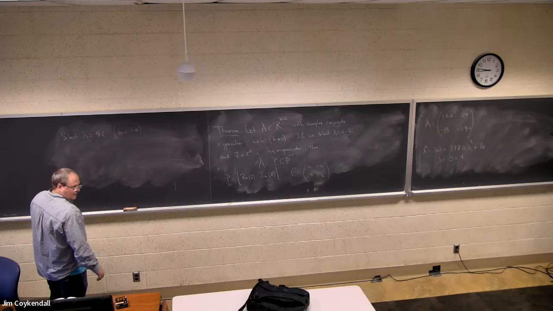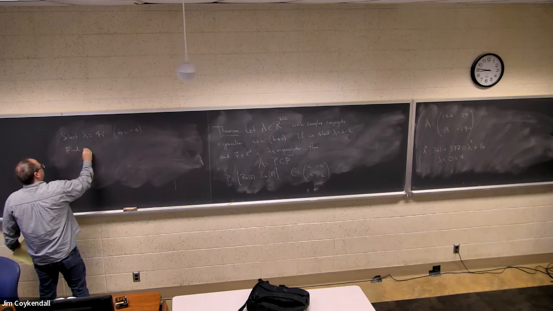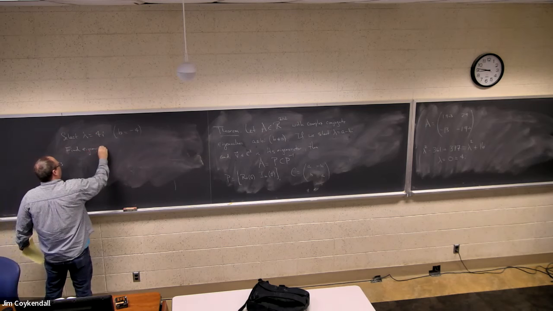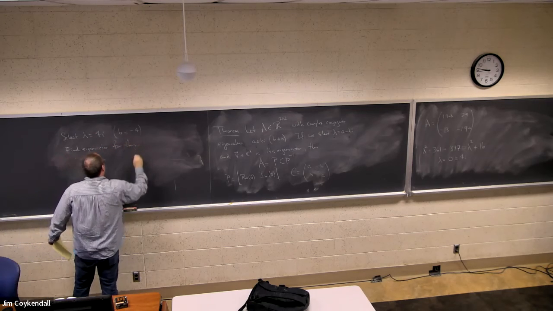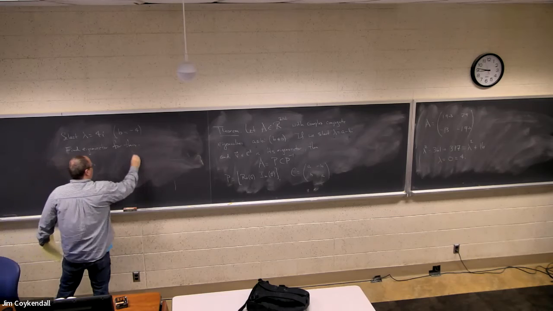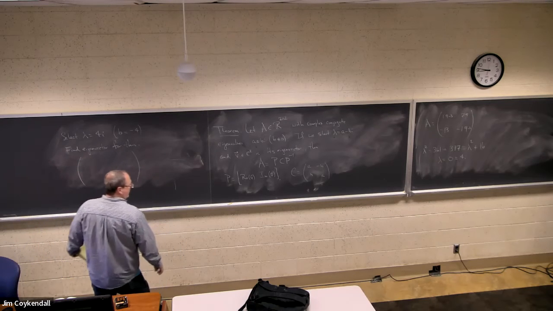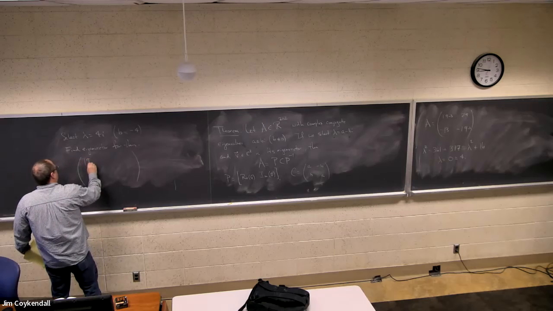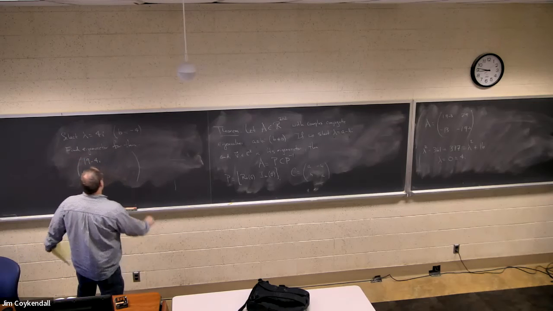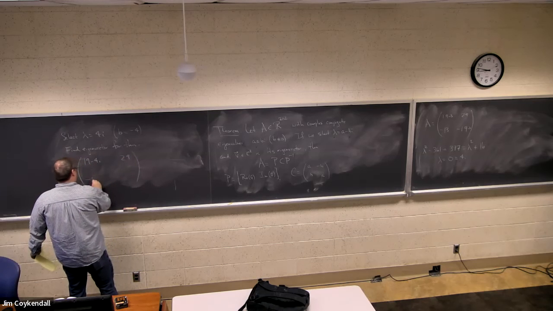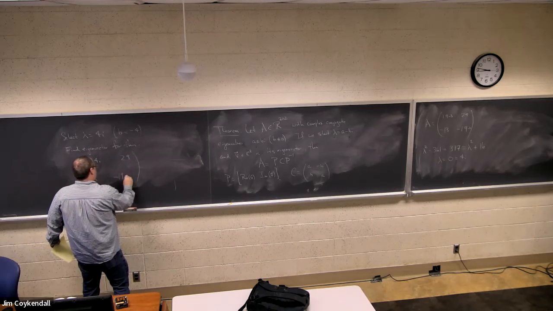So let's do the eigenvectors. I've got to subtract 4i from the diagonal, so I get 19 minus 4i, 29, minus 13, and then minus 19 minus 4i.